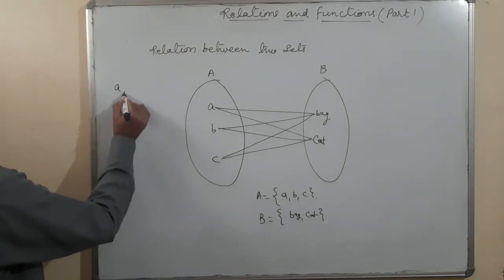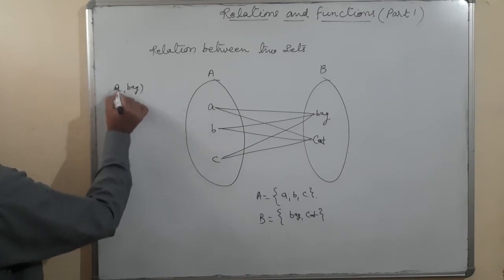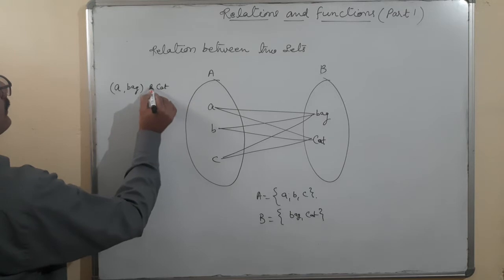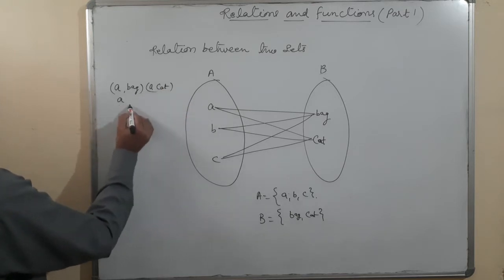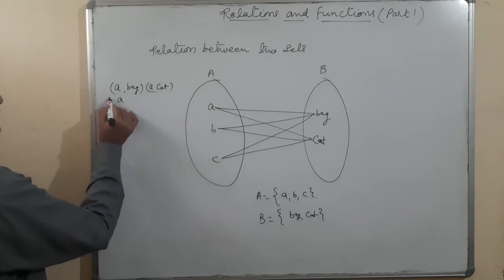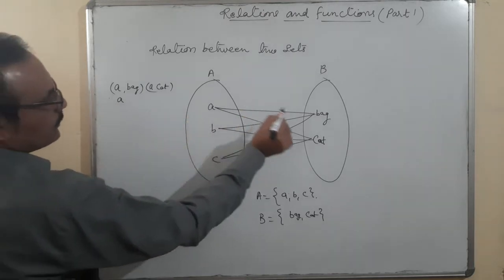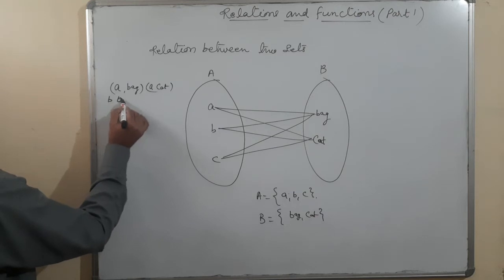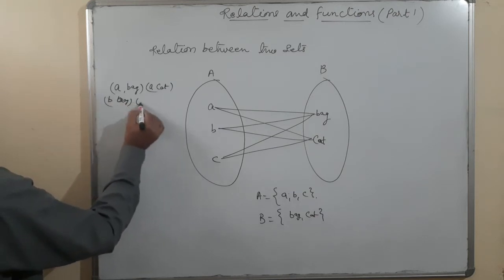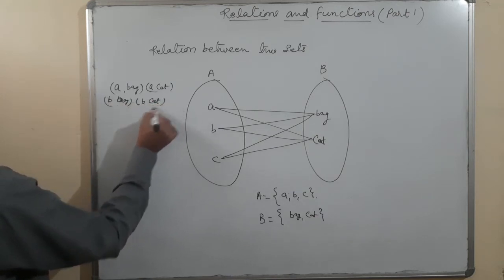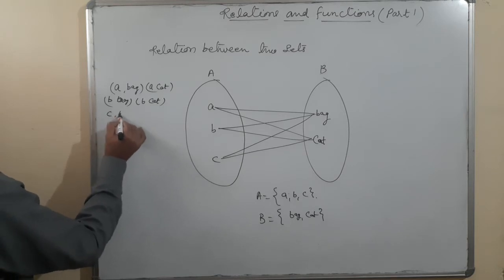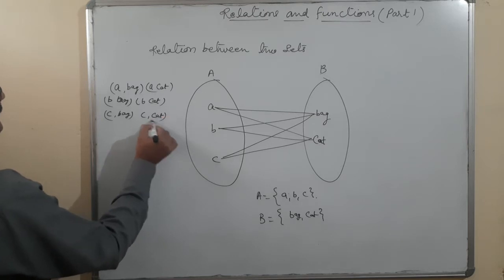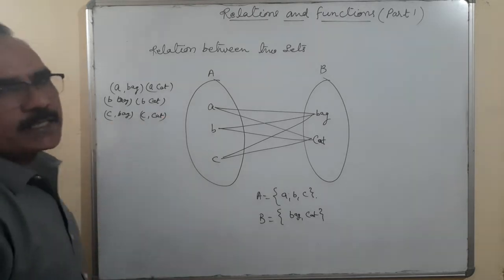Like A bag, A cat, B bag, B cat, C bag, and C cat. These are called the relations.